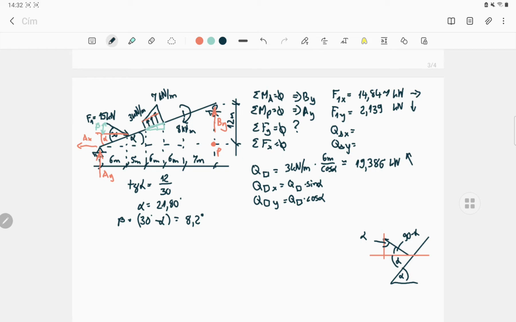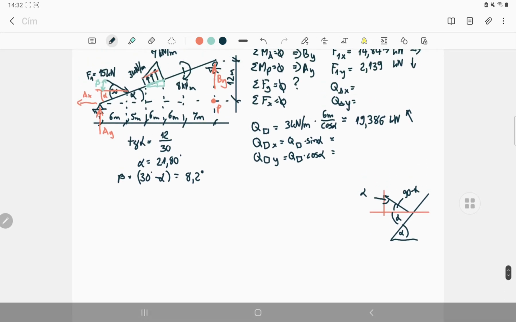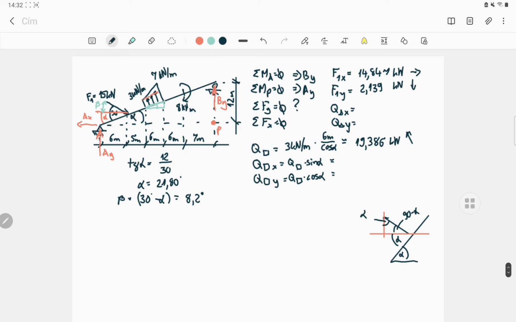Okay, so you can calculate these two components if you multiply the 19.386 with sinus alpha, but instead of this, just see the formula. What are we doing? Now multiply the 3 with 6 over cosinus to get this one, and after we will multiply with sinus. So if you do this in one step, this is the 3 times 6 times sinus over cosinus, and the sinus over cosinus is the tangent.